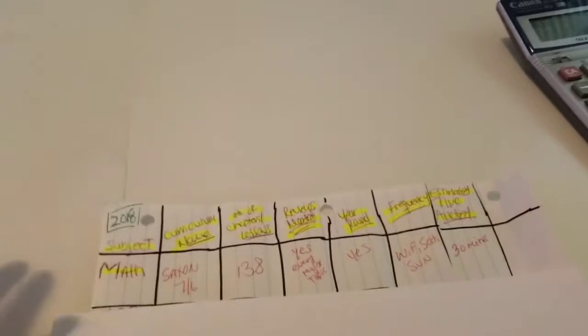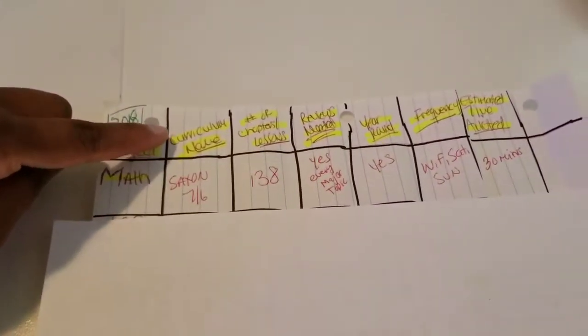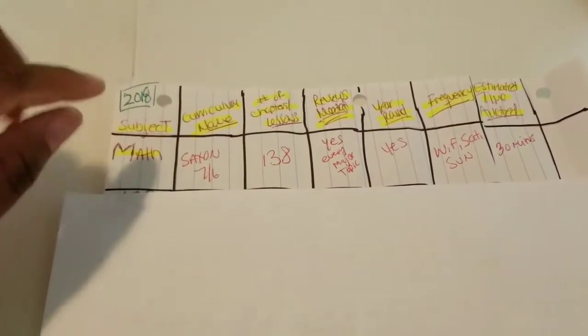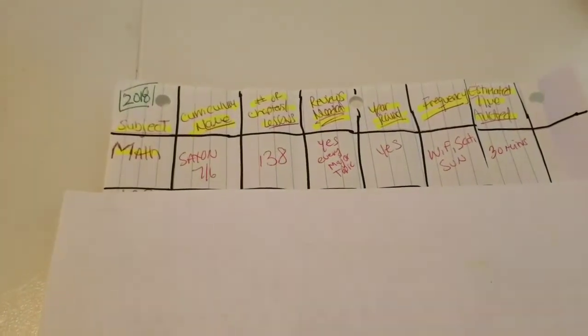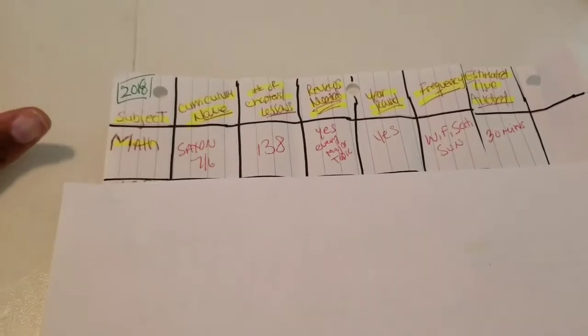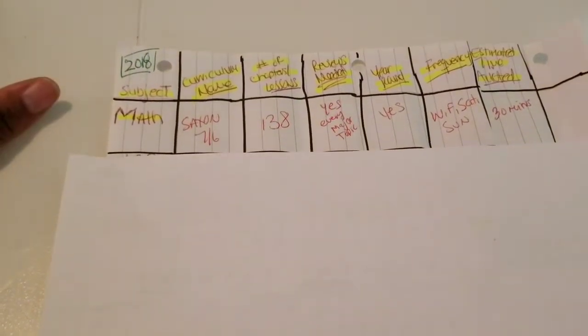So let's go ahead and let's talk about math. For the subject math, the curriculum that we're going to use is Saxon 7-6. If you remember in some of my previous videos, we use multiple curriculums and multiple resources. We have our main primary curriculum, and we also have our secondary curriculum.